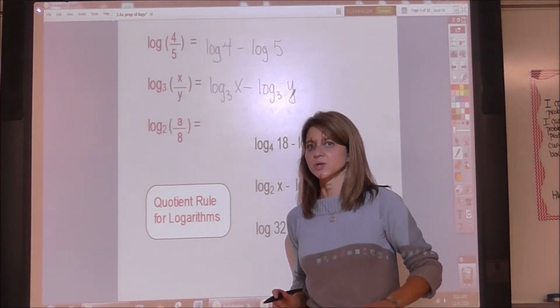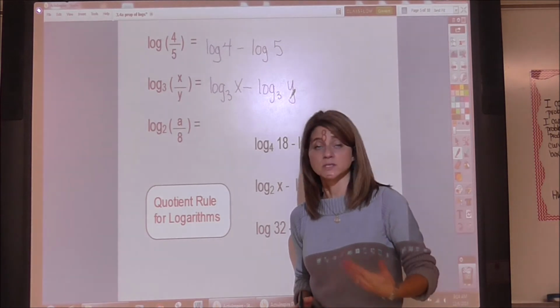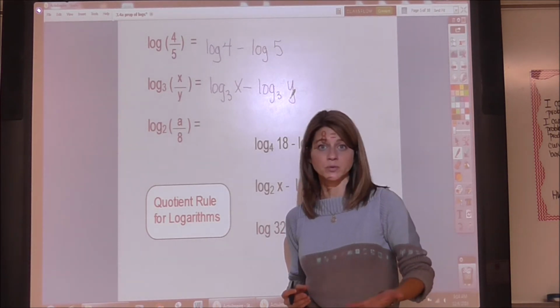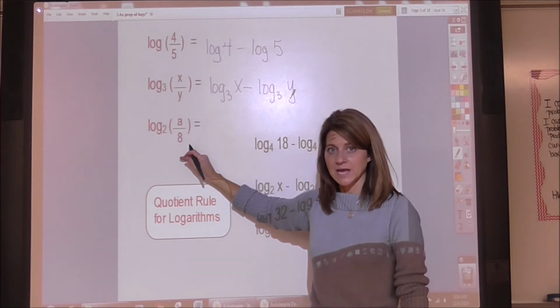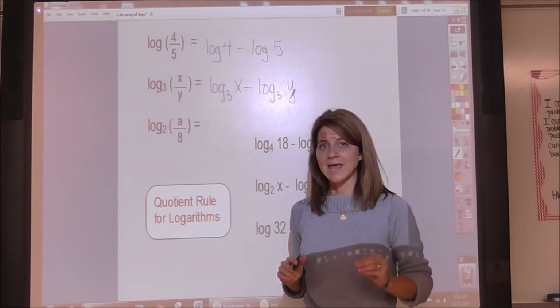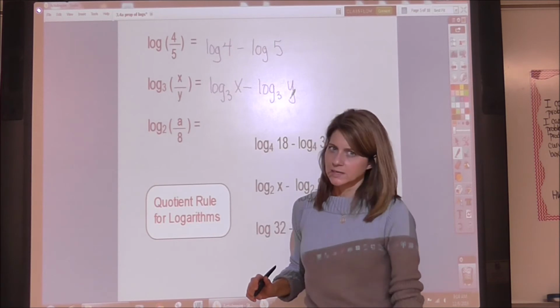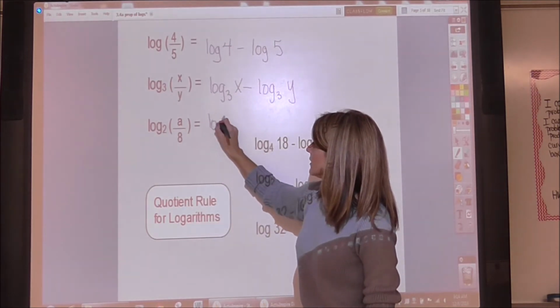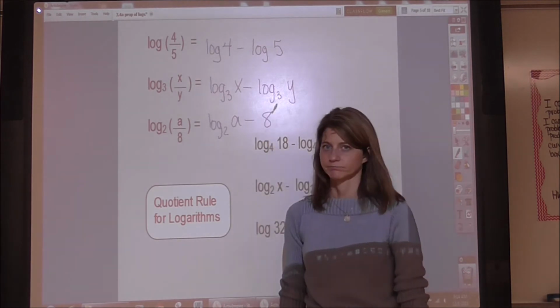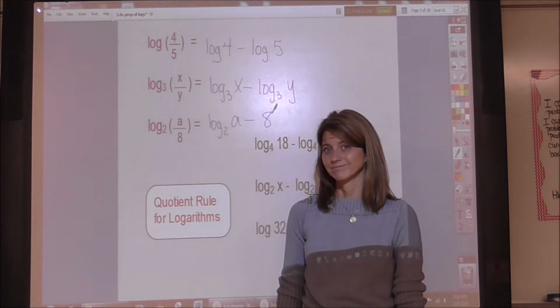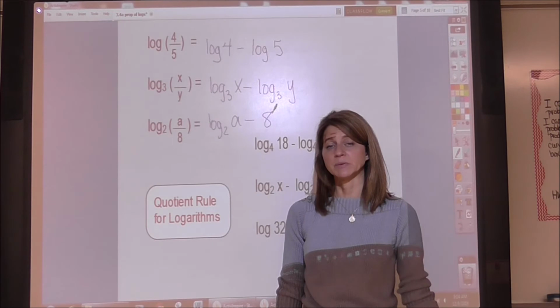All right. Let me show you a common mistake, just in case. I don't want to put mistakes in your head, but you can tell me what's going on here. This is what I see a lot when people are doing these. So it says log base 2 of a divided by 8. Log base 2 of a over 8. What tends to happen is this: log base 2 of a minus 8. Is that okay? That 8 has to be part of a logarithm.